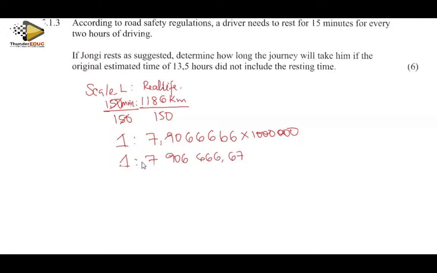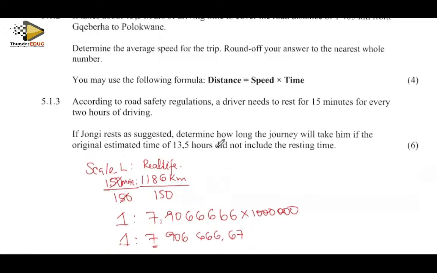So remember the question says to the nearest million. So the million is this one here. So it's 1:8 million. That's my answer there. This is the scale that was used.